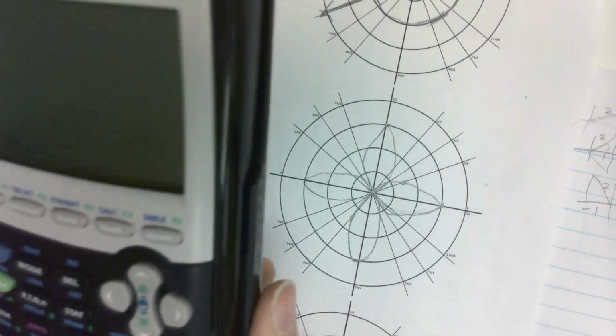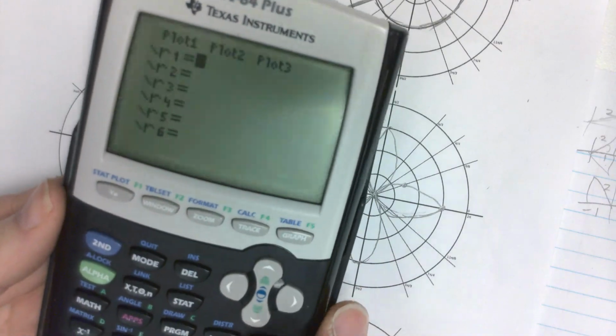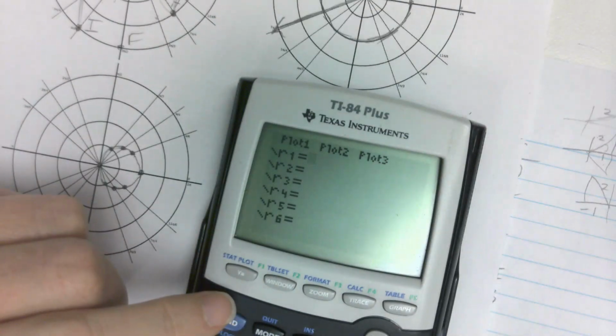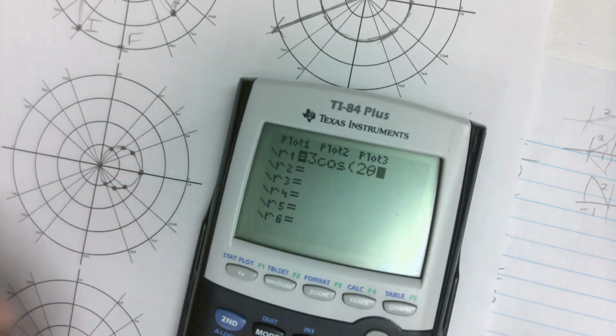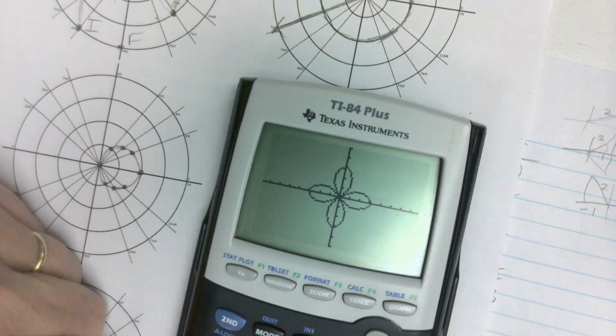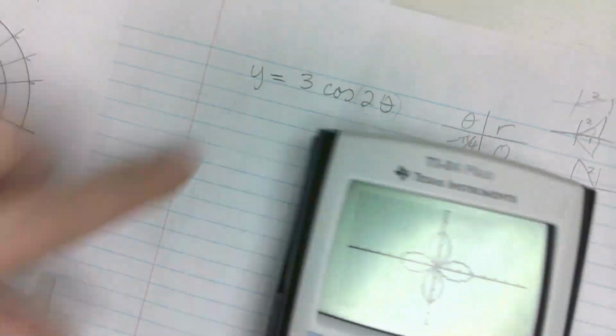Kind of flying through that, but 3 cosine 2 theta. I had done the cosine of, why didn't I do a sine?